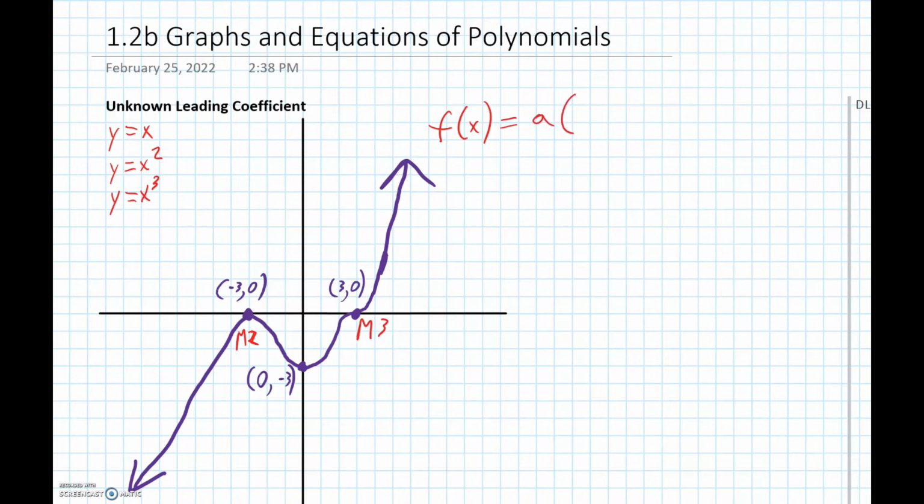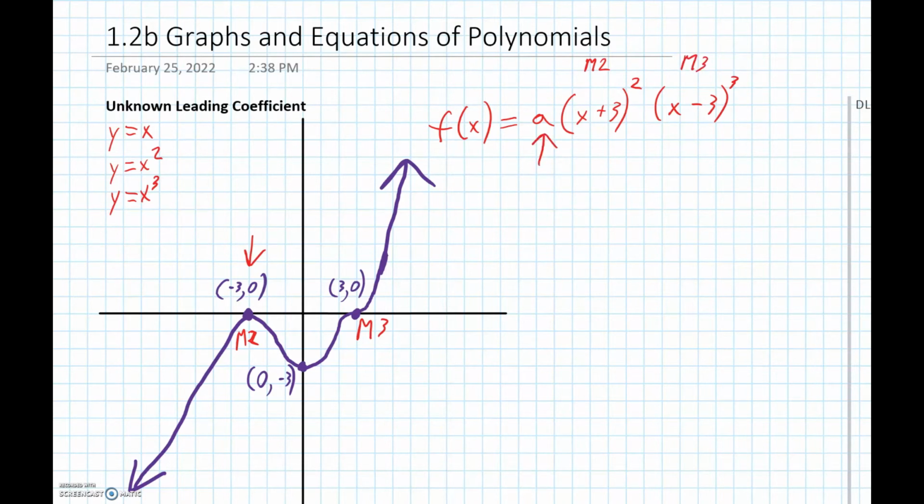So we can go like this: a times x plus 3, and this point, from right here, has a multiplicity of 2. So the degree has to be 2. And then the other point is x minus 3, and this has a multiplicity of 3, so it has degree 3.